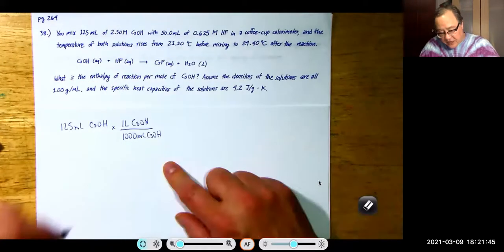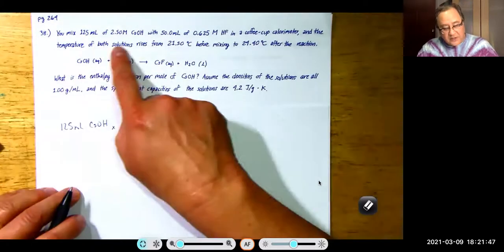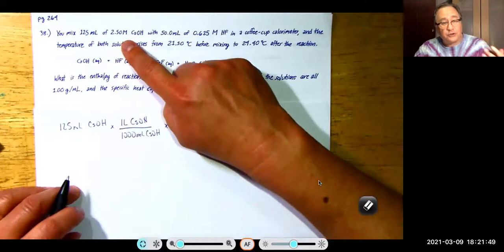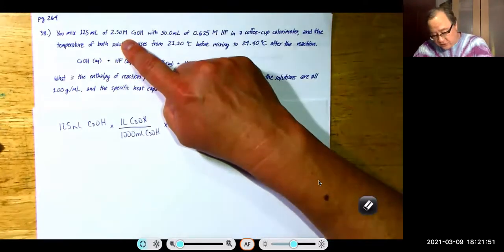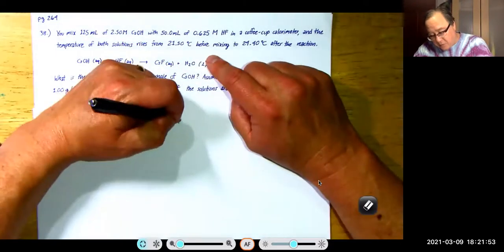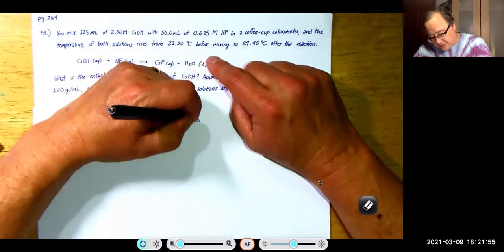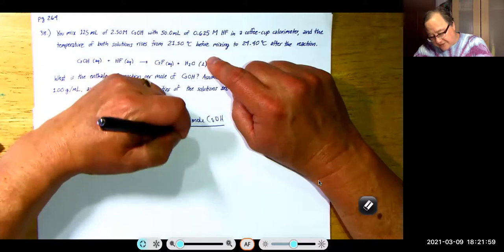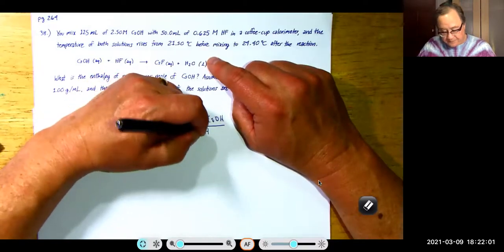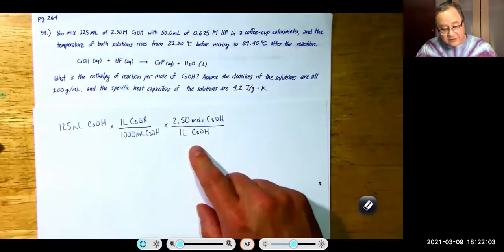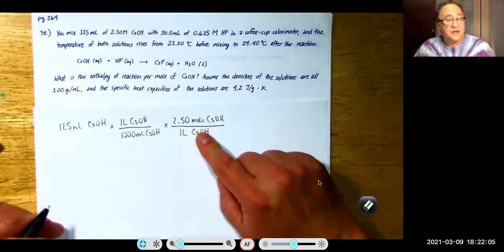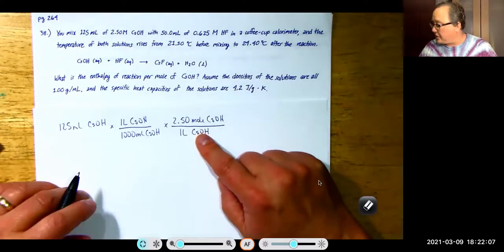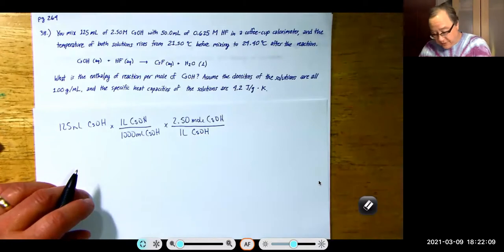Now I can use this concentration, and remember, we can replace the M with moles per liter. So 2.50 moles of cesium hydroxide per 1 liter of that cesium hydroxide solution. And then we need to convert this into moles of hydrofluoric acid. Actually, I'm sorry, we need moles of cesium.